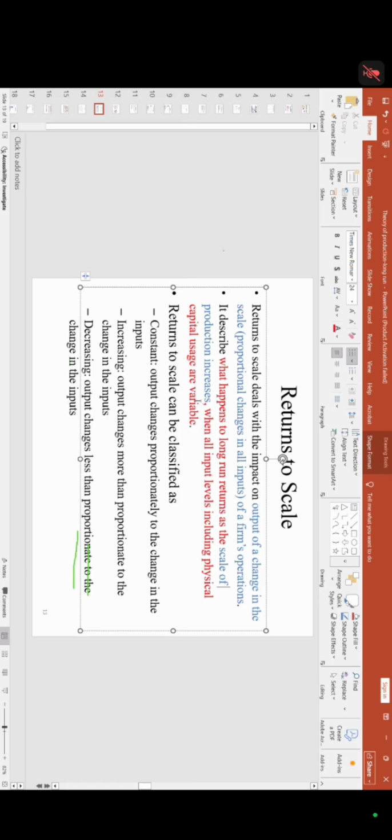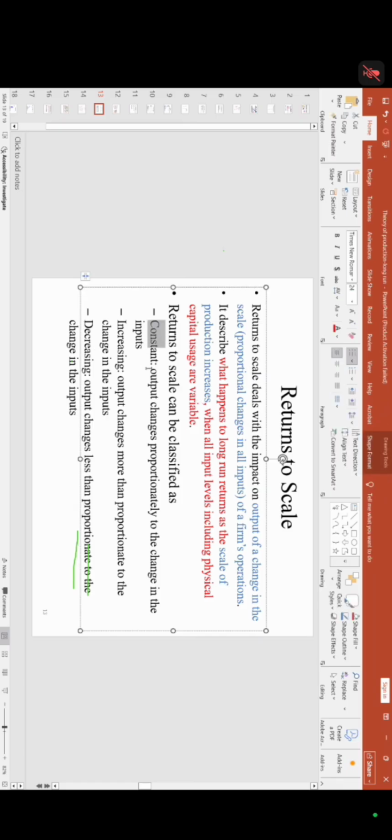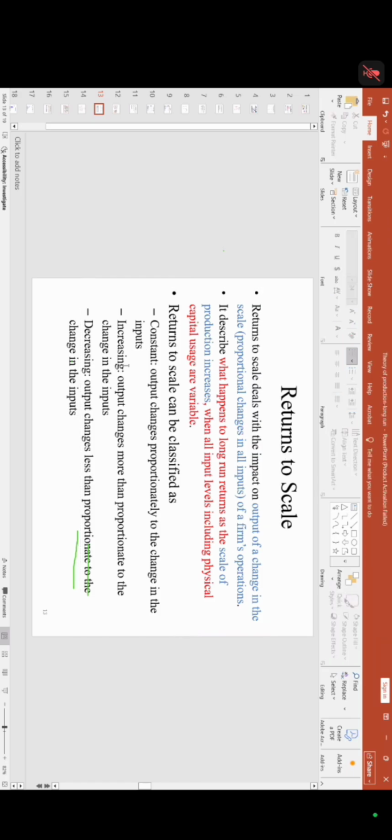Okay? Returns to scale can be classified as constant. There may be constant change in your output, increasing or decreasing. Constant in the sense that output changes proportionately to the change in inputs. Output has changed by exactly the same percentage as the inputs. That is equally proportionate. Clear?